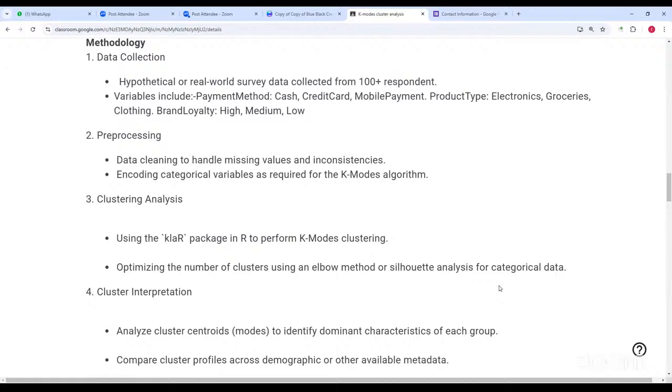These variables are hard data. But the brand loyalty, that is your soft data. That is the psychological data. And the other data, how many credit cards you have, that will be accounted as the economic data. Mobile payment, this is the economic data.